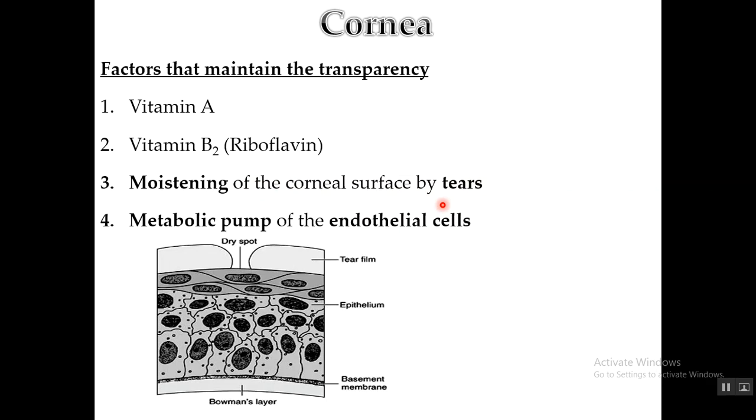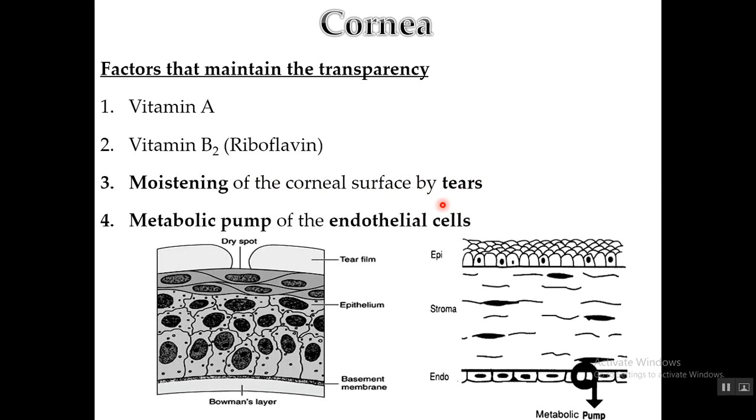You need the osmotic pump, the endothelial metabolic pump in the endothelial cells, to maintain the corneal transparency and to prevent corneal overhydration and cloudiness of the cornea. These are the factors that maintain the transparency of the cornea.